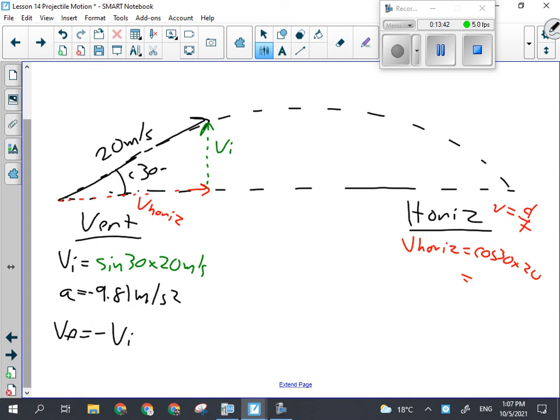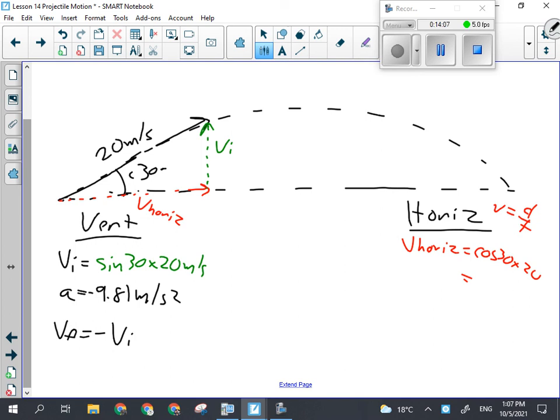So then I would know VI, A, and VF. What can I calculate with those three things? I can calculate displacement, but here's what it's going to be: 0. Why is my displacement going to be 0 in this situation?